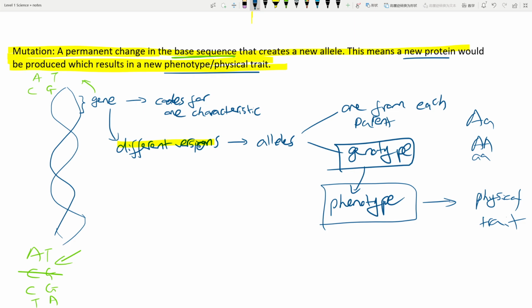If it turns out to be beneficial, it will live longer, get more food, and reproduce more, and slowly over time that favorable trait will be passed on through generations. If you come back and visit that group of animals after 50 years, you're going to see that mutated trait is more common because it's beneficial.